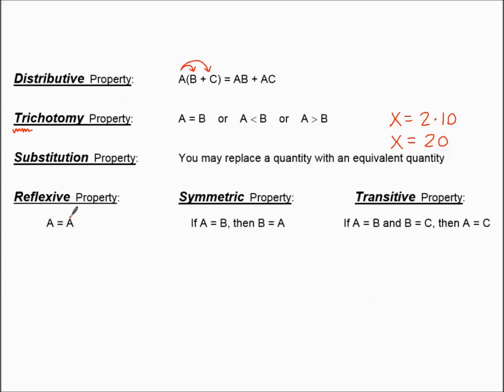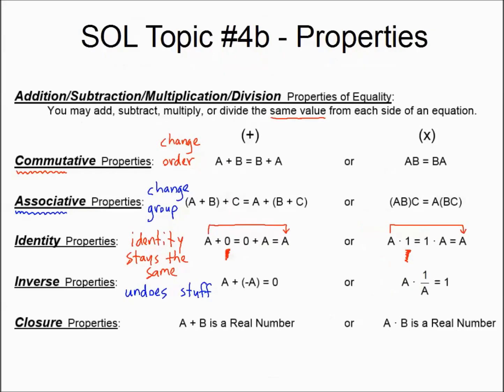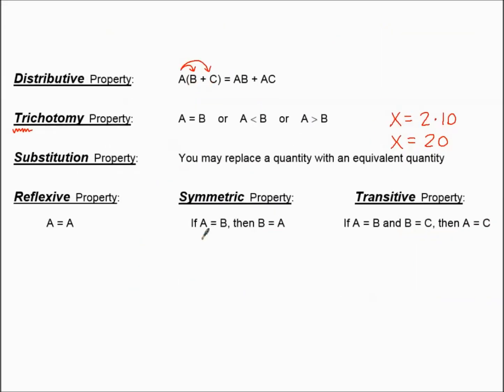The symmetric property says that if we have A equals B, then B equals A. Do not get this confused with commutative property. Commutative property is changing the order of the addition or changing the order of the multiplication. The symmetric property is changing around an equal sign.